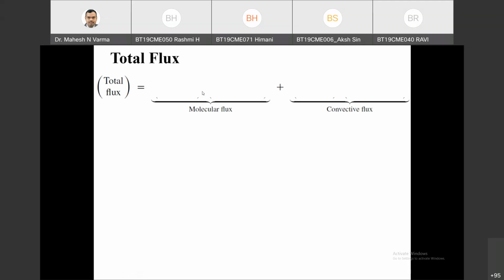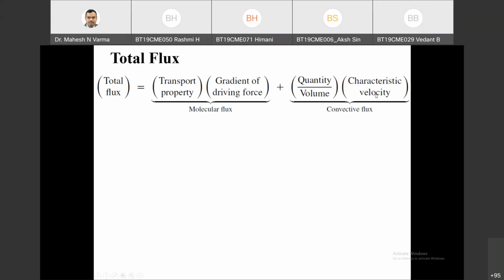Transport property into gradient of driving force. Again, we have generalized that. Transport property, common transport property we got. So that will be diffusivity into gradient of quantity per unit volume, and convective flux is quantity per unit volume into characteristic velocity.